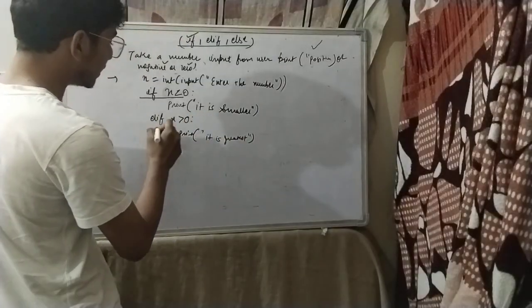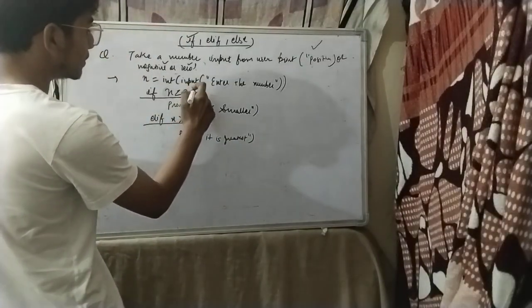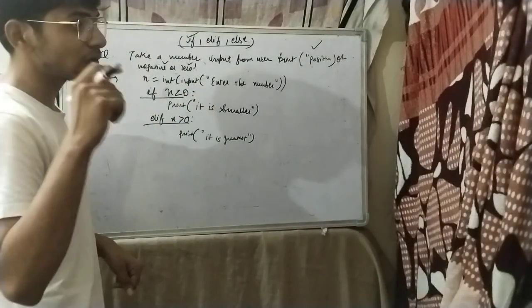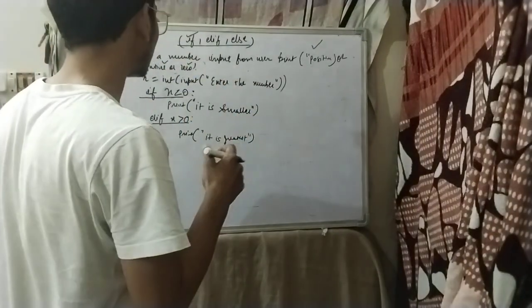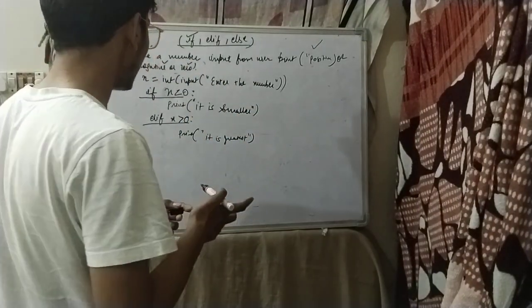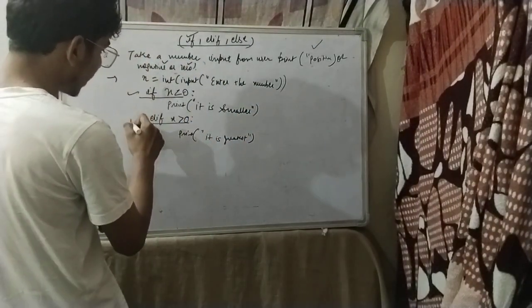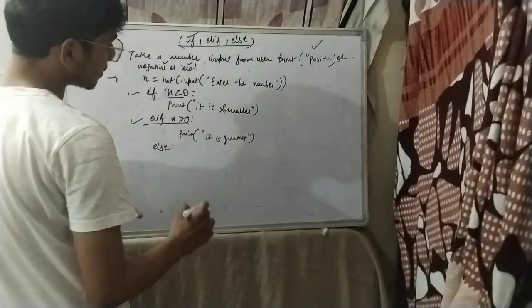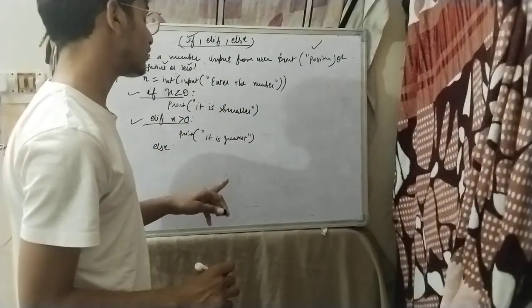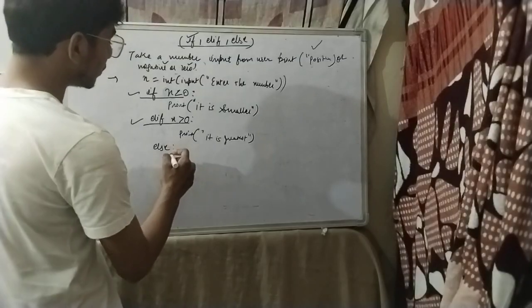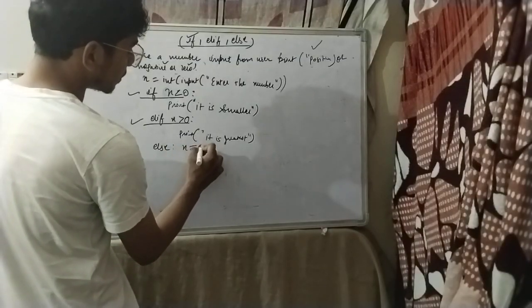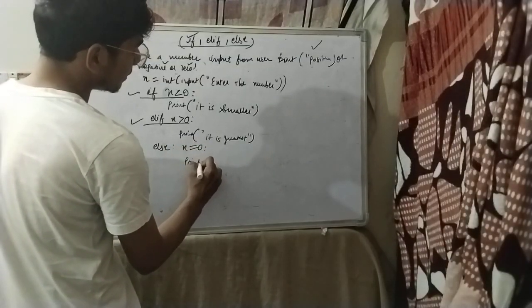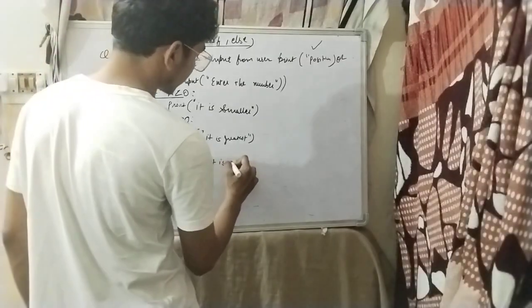Okay, so it is very important to do this. So if, elif, then the last one is else. So else, if it is not smaller and not greatest, then it is equal. So n equals to 0, print it is equal.